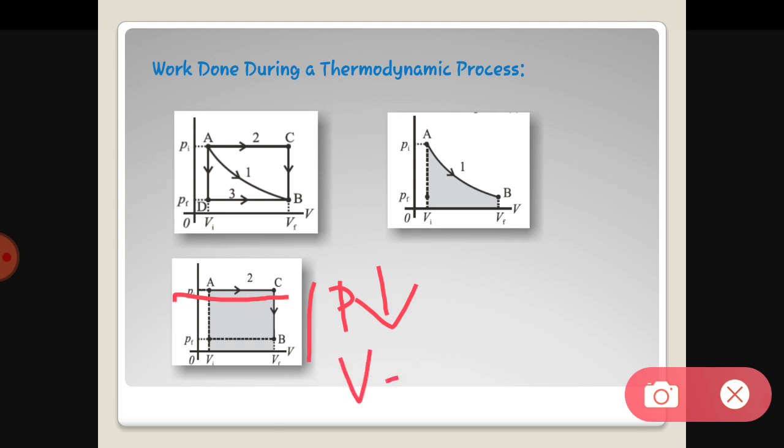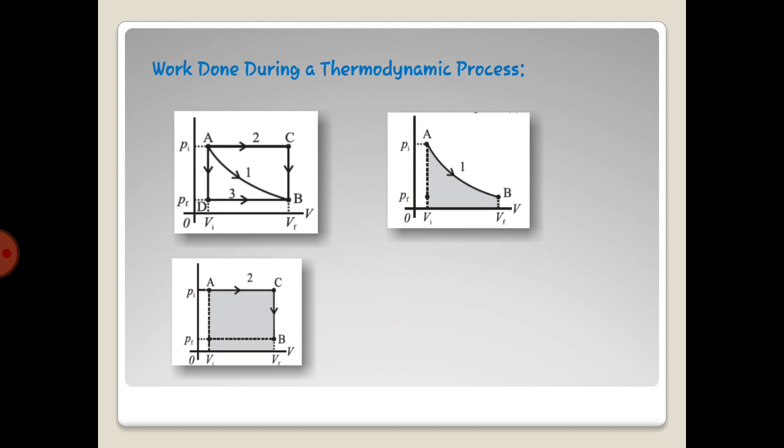So sometimes pressure remains same and sometimes volume remains same. So it is in alternative ways. While moving from A to C, pressure is same and volume increases. While moving from C to B, volume remains same and pressure decreases.